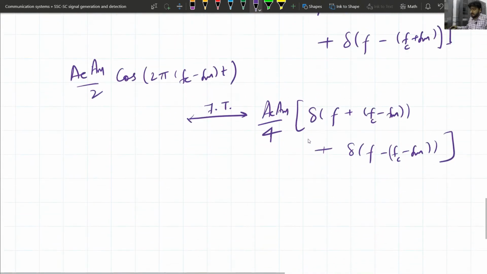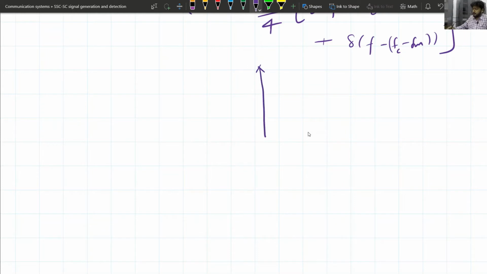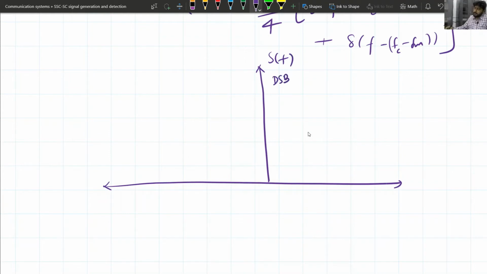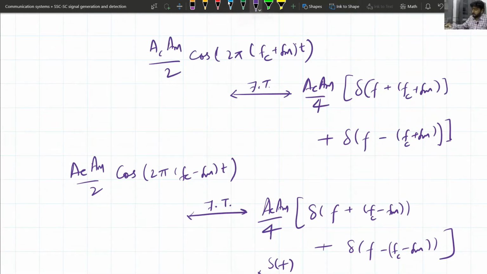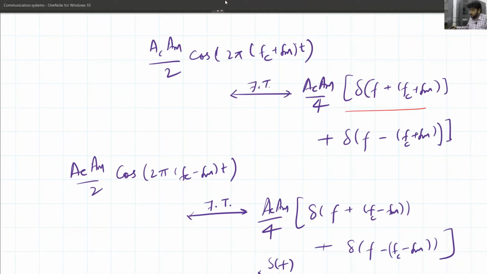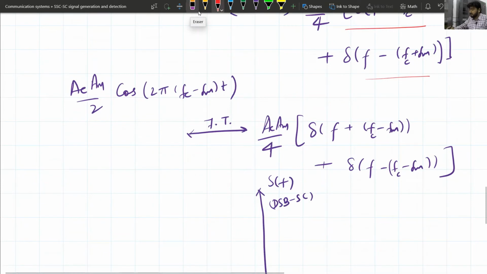So on representing the same in the frequency domain, the DSB-SC signal will be represented as having 4 components: the upper sideband components as well as the lower sideband components.